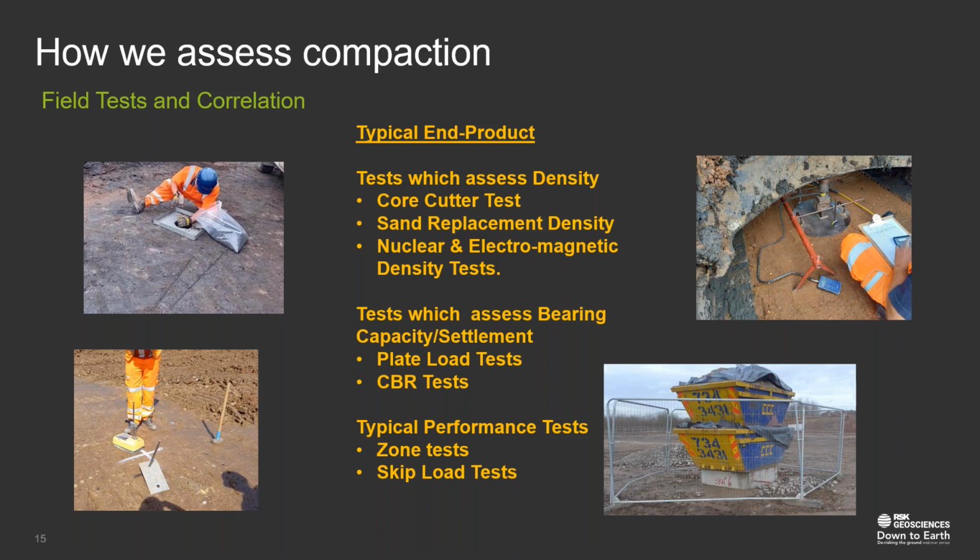The latter are various forms of plate bearing tests. Performance tests, typically done at the end of the job, are much larger scaled-up versions of plate bearing tests, zone tests and skip load tests, usually applied to the surface of the finished site. We'll talk a little more about these to follow.